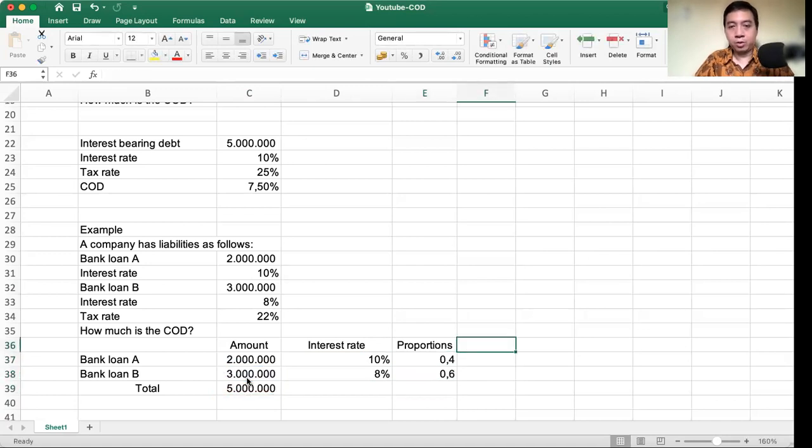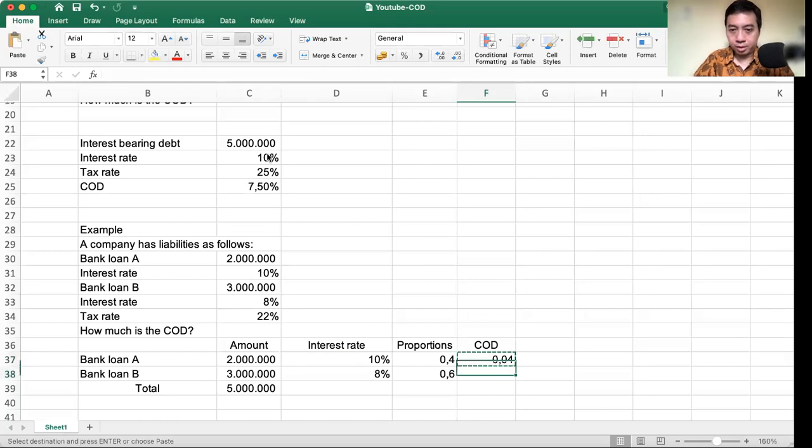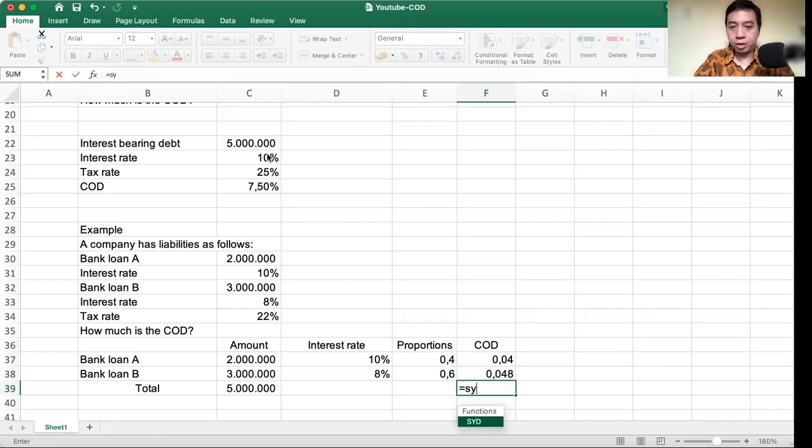And now we have COD, just like this. First, you need to calculate proportion multiplied by interest rate. And then once you get the sum of these two, don't forget to multiply it by 1 minus tax rate.